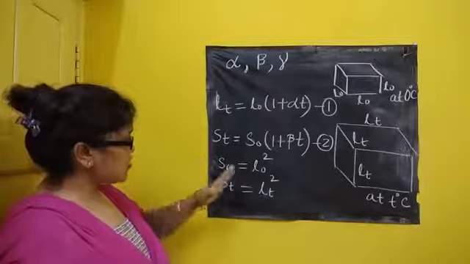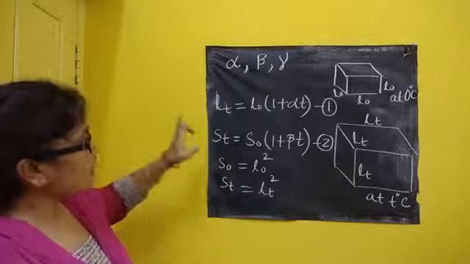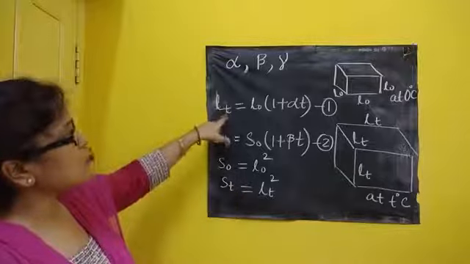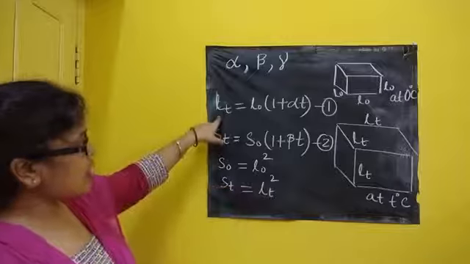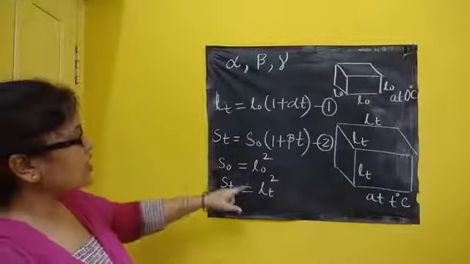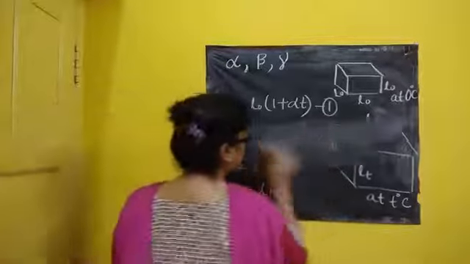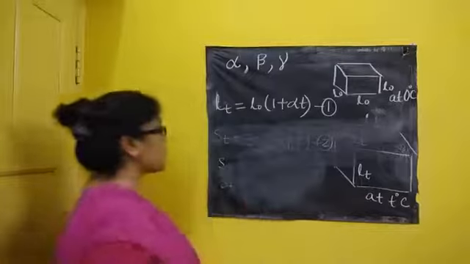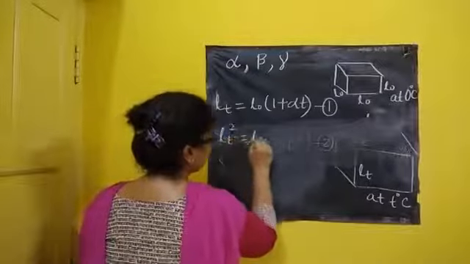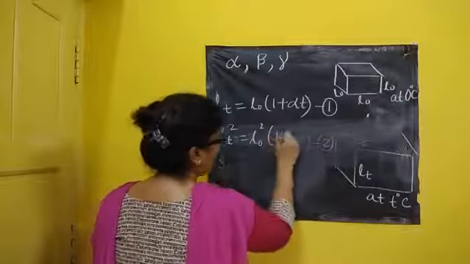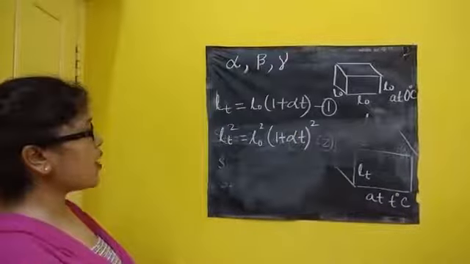S0 is L0 square and ST is LT square, so to calculate LT square, I need to square equation 1. So if I square both sides, I will get LT square equal to L0 square into (1 plus alpha t) whole square.